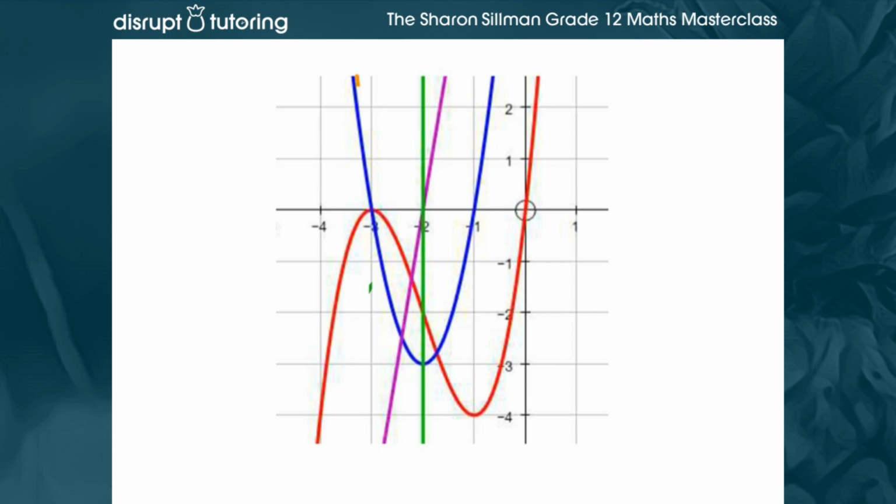Now we'll see this as the function this time. When the quadratic is decreasing, notice that the straight line is negative. When the quadratic is increasing, notice that the straight line is positive. And so all of those relationships are important to understand.